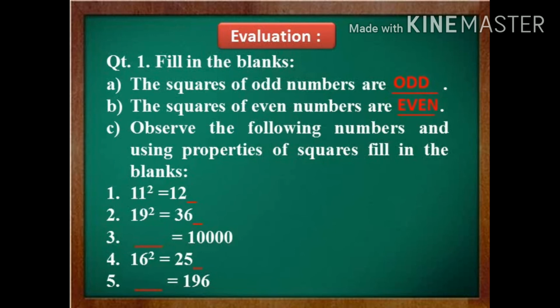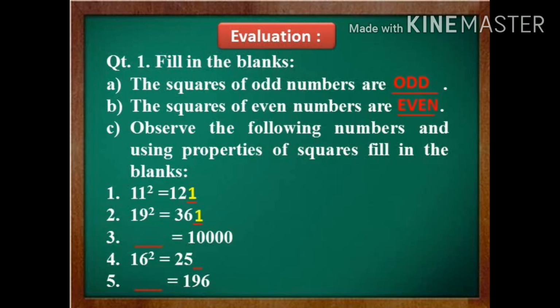First case, 11 square. Since 1 is in the units place, its square will also end in 1. In the second case, 19 square. So in units place, 9 is there, so its square will also end in 1.